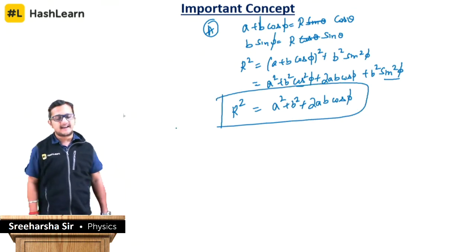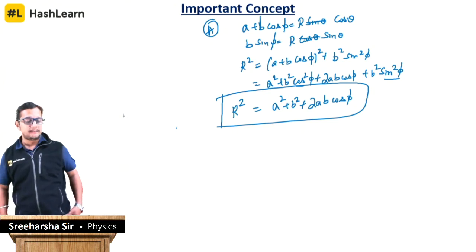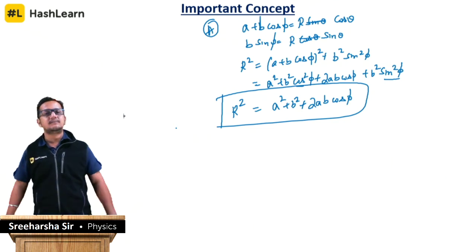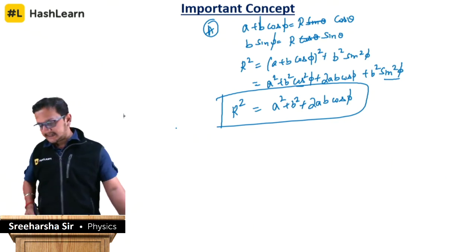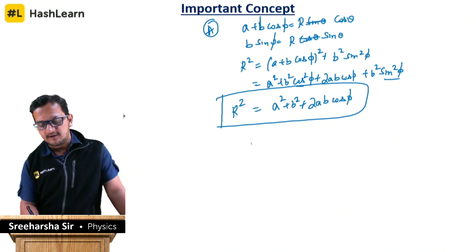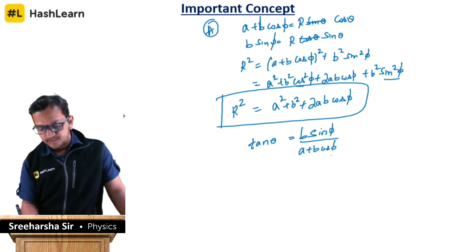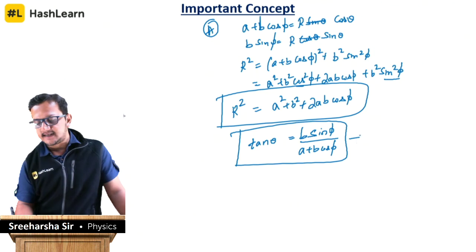Isn't this equation very familiar to us? We have been dealing with this in the first class, and this is similar to the parallelogram law of vector addition. And if you divide these two, you'll have tan theta equals b sin phi divided by (a plus b cos phi), which gives the phase difference.